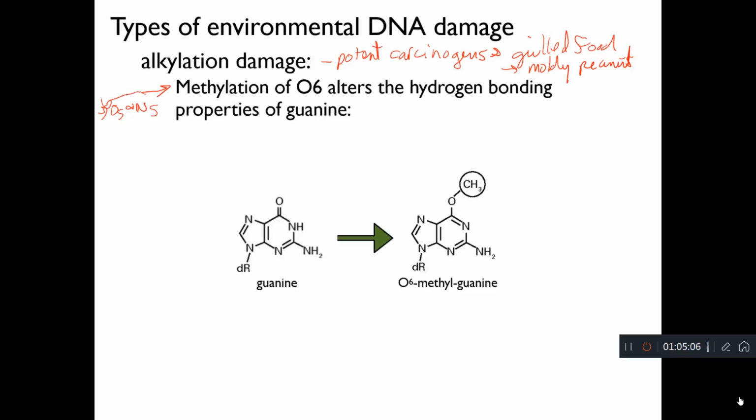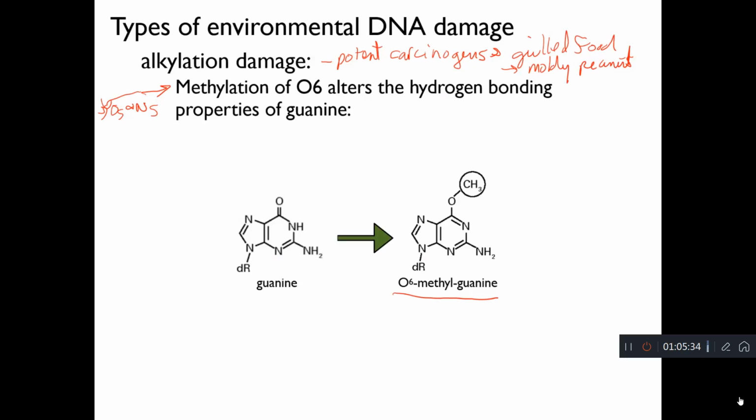And there are a number of different ways in which alkylations can alter the base pairing properties of bases that have become alkylated. So the example I'll show you is methylation of oxygen 6 of guanine to produce O6 methyl guanine, which is depicted here. Okay, so it's just a very simple example.